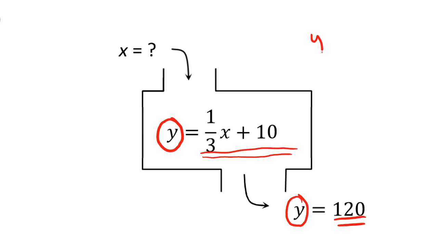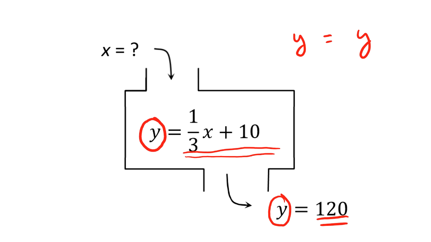Certainly y is equal to y, so I can use that information to build an expression that will allow me to find x. Y is 120, and it's equal to this function of 1/3 x plus 10. So the question is, what value of x will produce this 120, will make these two sides equal?